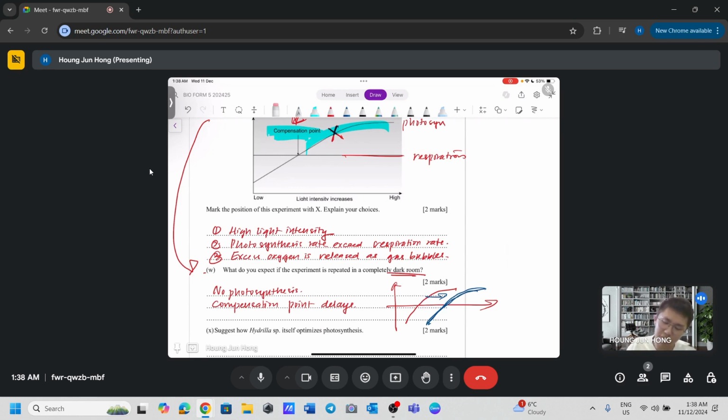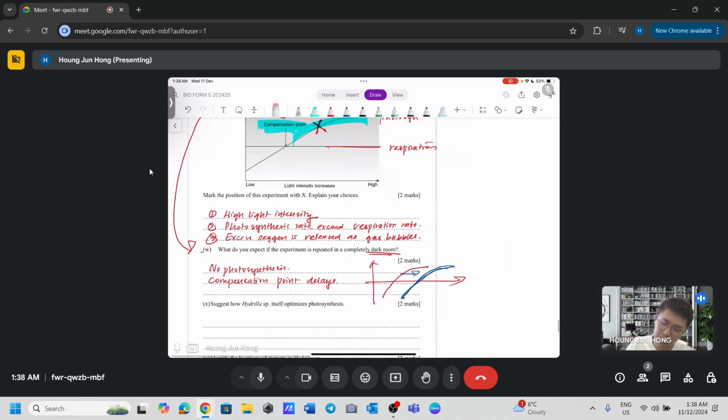Put it this way: your point from here has gone backward, it came down to here. So the compensation point is delayed.